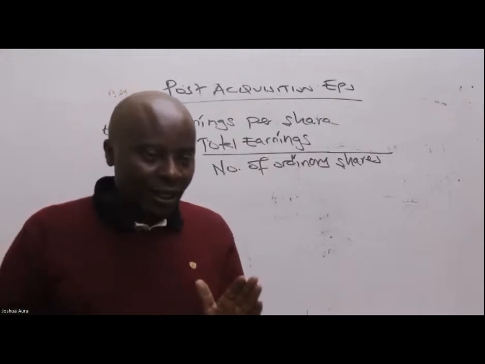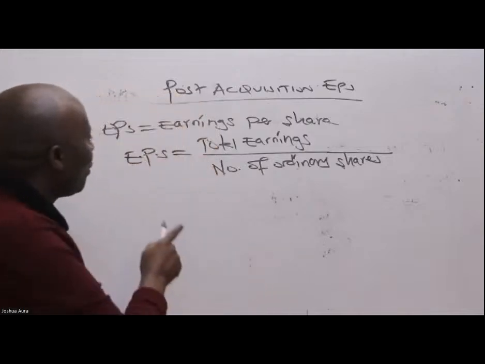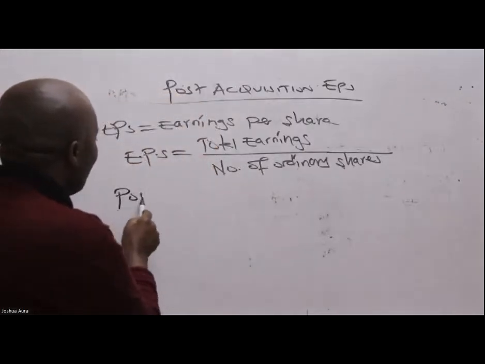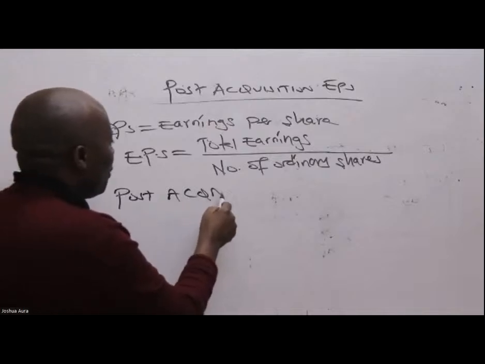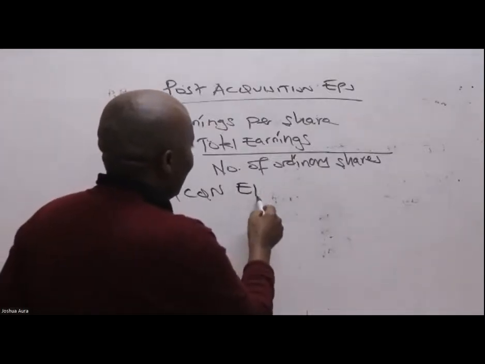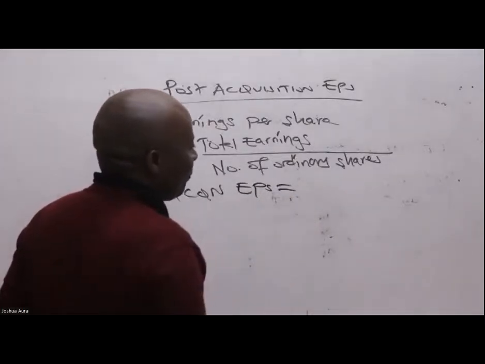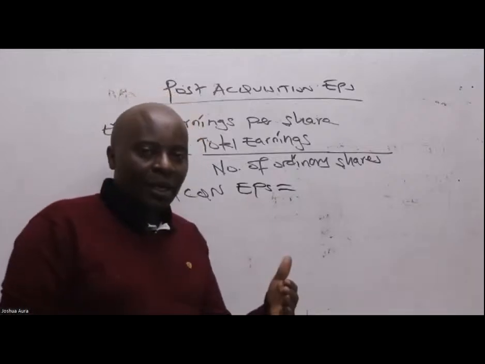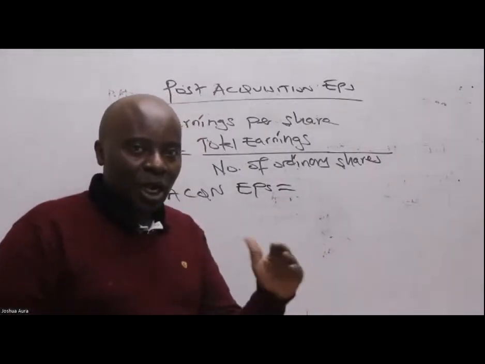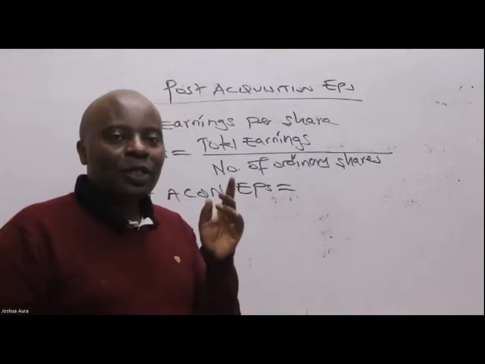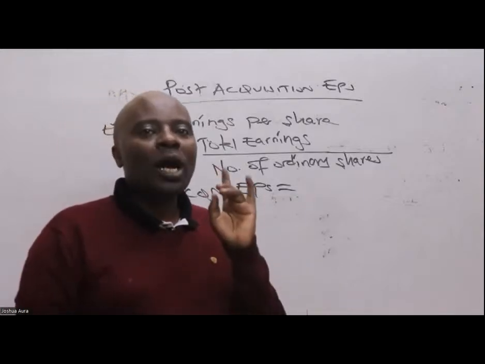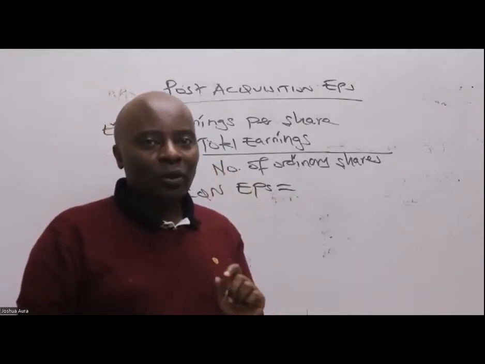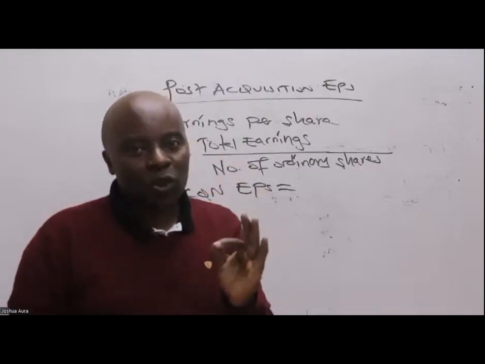What does this mean? It means that when we talk of post-acquisition earnings per share, post-acquisition means post-marriage, after marriage. So after marriage, we are supposed to have one joint account and combine our earnings.